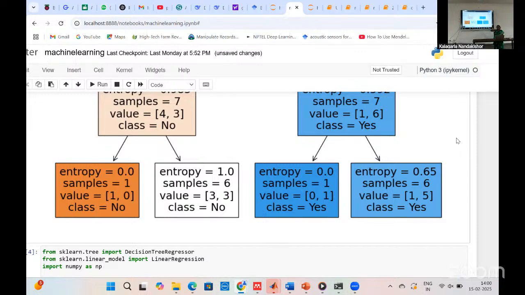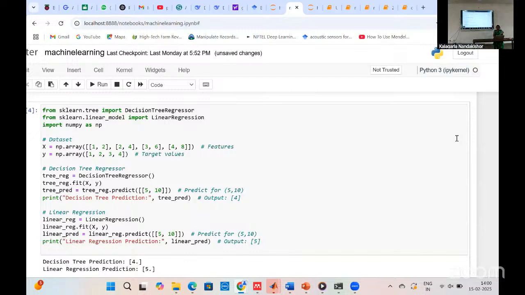So now we will see for the given example. No games are being played here.